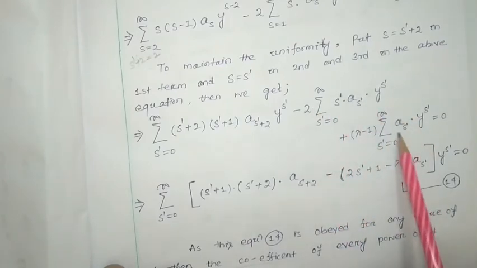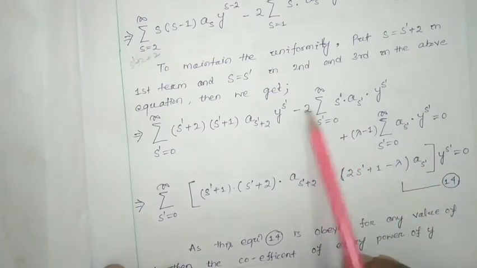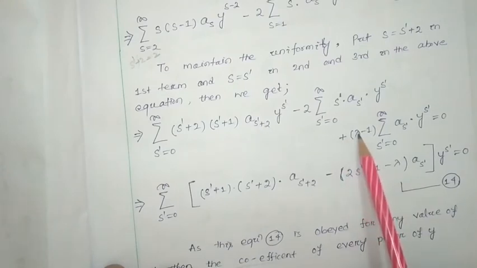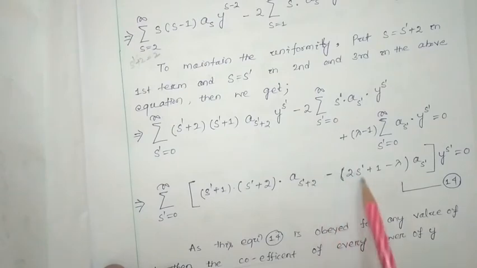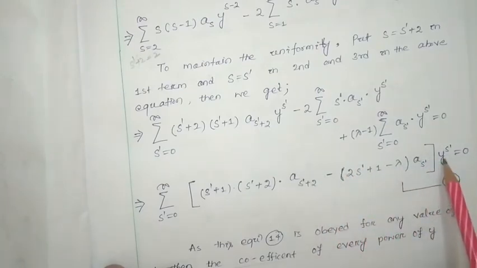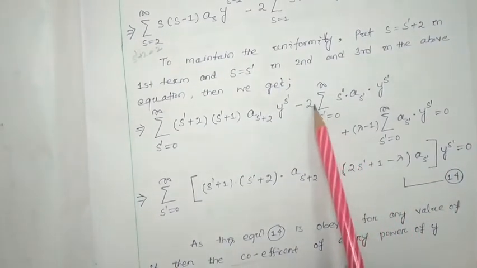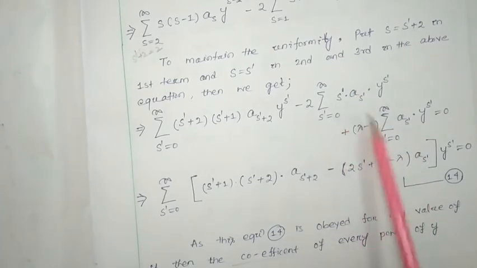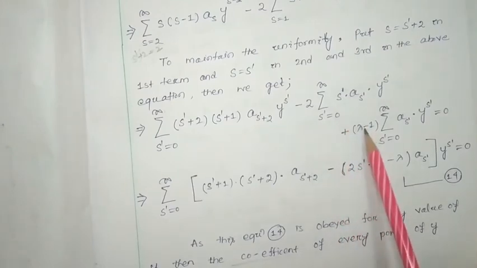Here also a_s dash is a common factor, so taking s dash outside, it will be minus 2 s dash, and this will be plus and this is minus, so taking minus outside, it will be (2 s dash plus 1 minus lambda) a_s dash y to the power s dash equal to 0. I have taken outside this term a_s dash from these two terms, written by taking minus as common from these two terms.